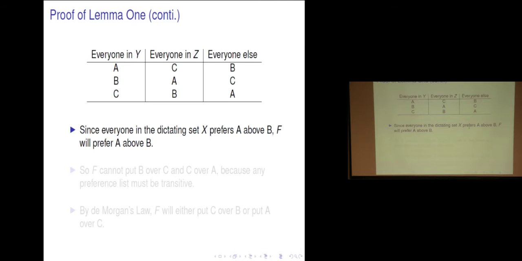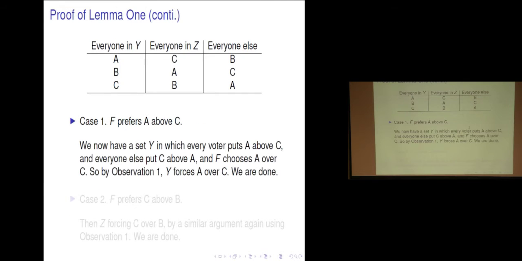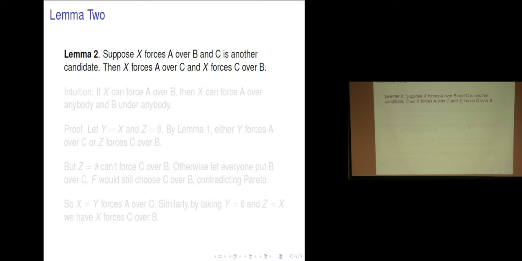Okay, so we have seen this. Now, lemma 2. Suppose x forces A over B, and C is another candidate. Then x will force A over C, and x forces C over B. The intuition is, if x can force A over B, then x can force A over anyone, and also x can force B under anybody.